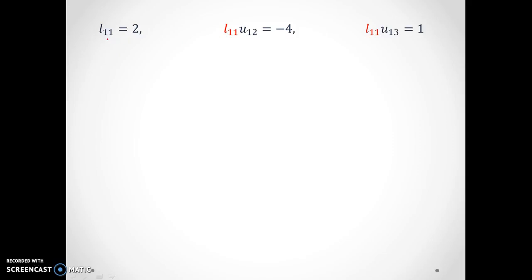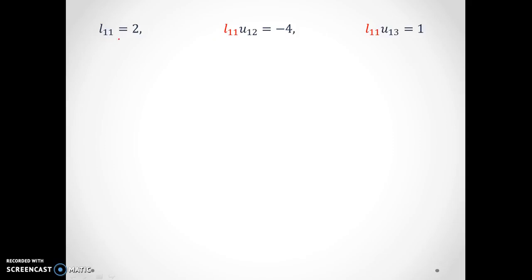As we have seen earlier, L11 is equal to 2, that is A11, and the next equality was L11 into U12 is equal to minus 4, where minus 4 is A12, and then L11 into U13 is equal to 1, where 1 is A13.